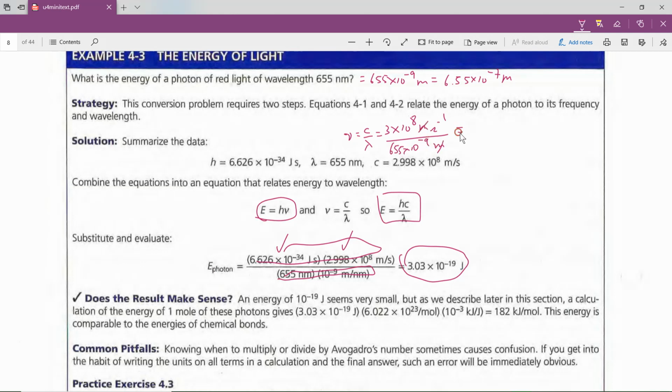So that cancels. I get 3 by 10 to the 8th divided by 655 by 10 to the negative 9, and I get 4.58 by 10 to the 14 reciprocal seconds, or hertz. Okay?